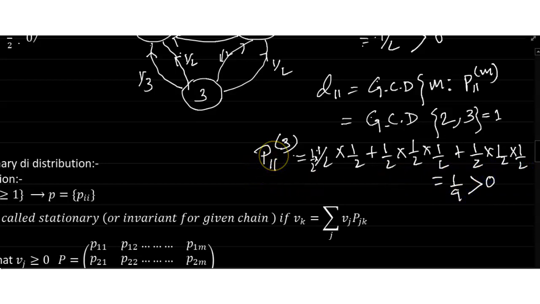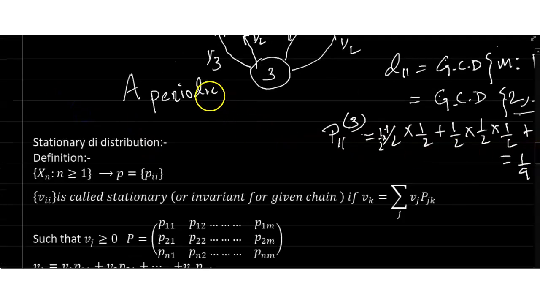So p11^(3) is also greater than 0, and GCD of 2, 3 is equal to 1. So it is aperiodic. You can check that d_2 equals 1, d_3 equals 1.